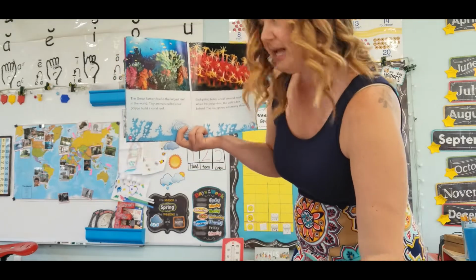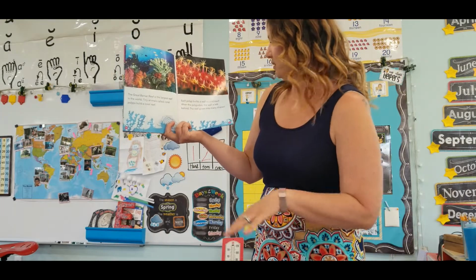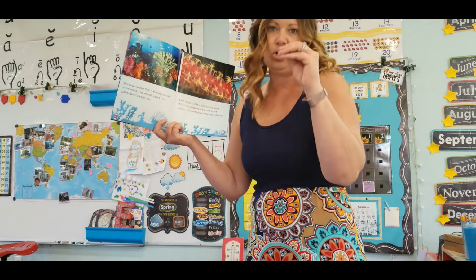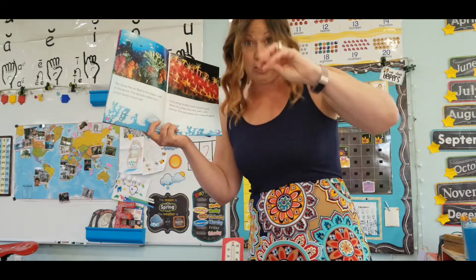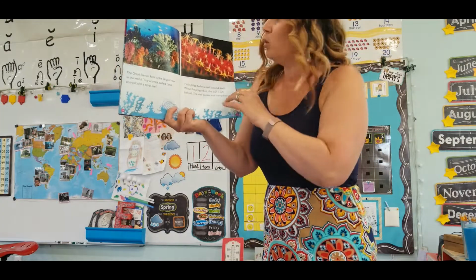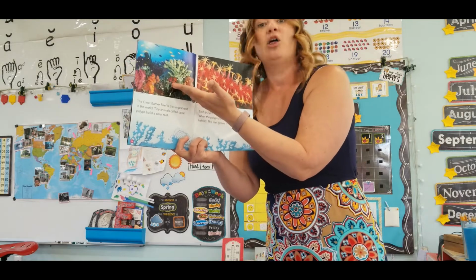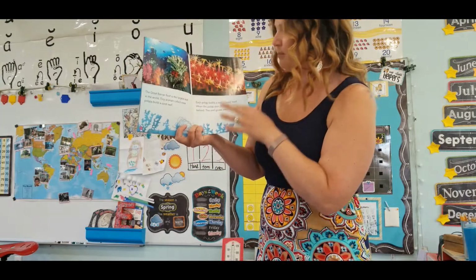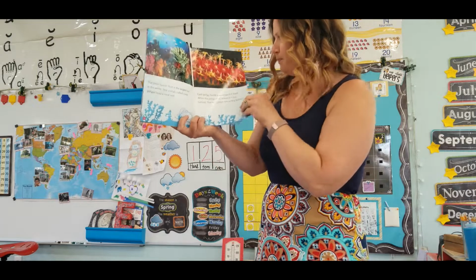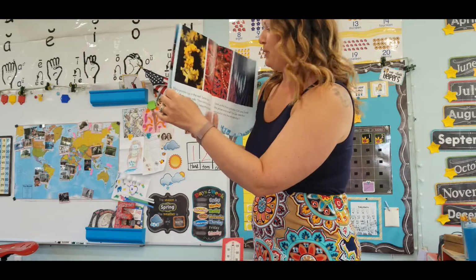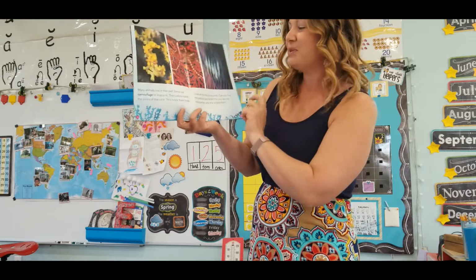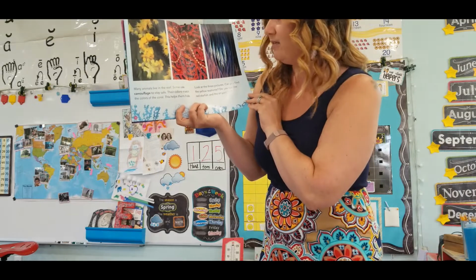So when the polyps die, the wall's left behind. It's a hard, crystally, crunchy calcium wall, which is what forms the coral, but it's not really a plant. Many animals live in the coral reef.